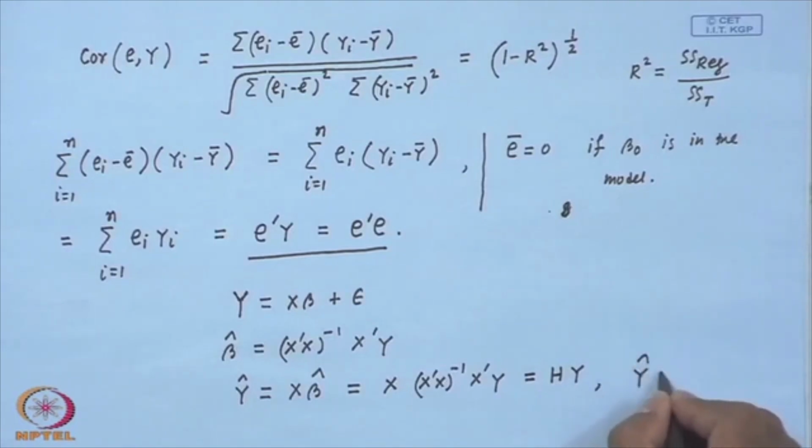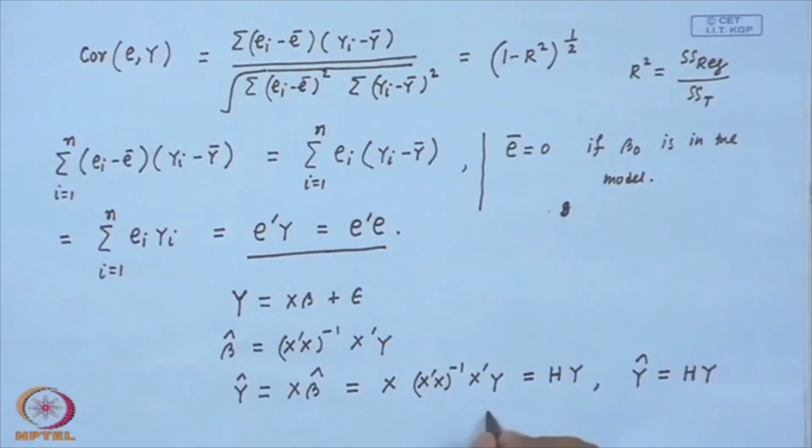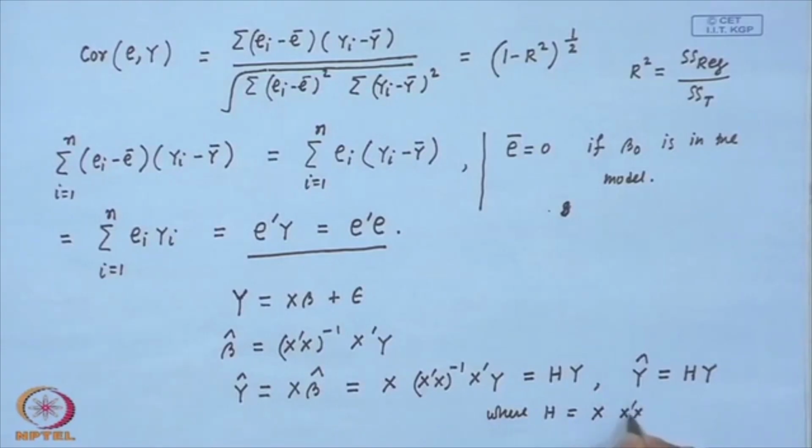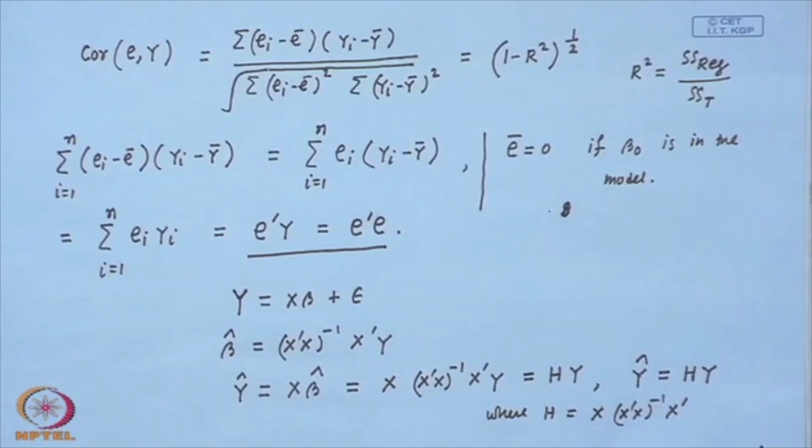So, y hat is equal to H y, where H is equal to x (x prime x) inverse x prime. Now, what is E then?